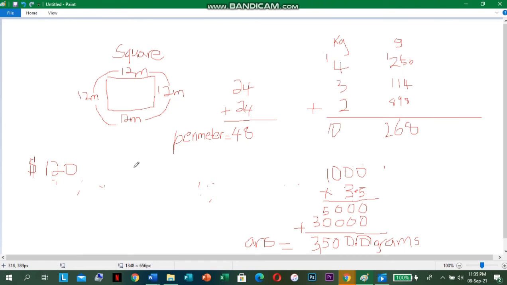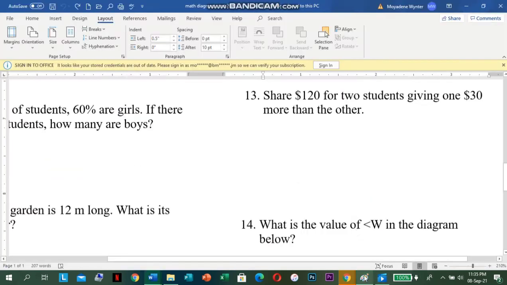The question says share $120 for two students, giving one $30 more than the other.